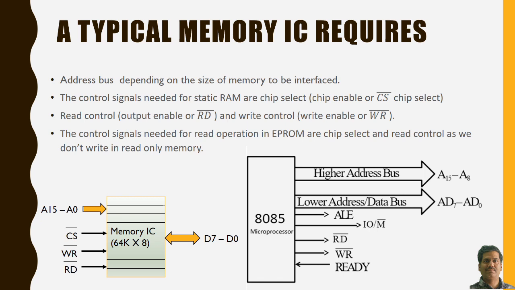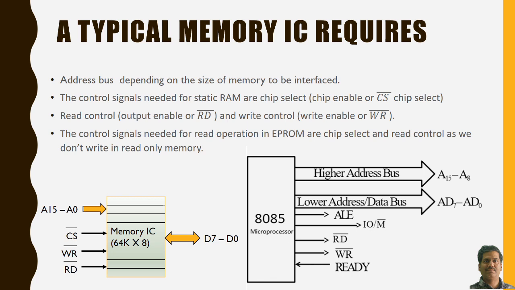Now in this figure the memory IC is typically shown, with the signals required on the left hand side, and the microprocessor provides certain signals: the higher order address lines A8 to A15, and the lower order address lines and data bus, which are multiplexed with each other as AD7 to AD0.